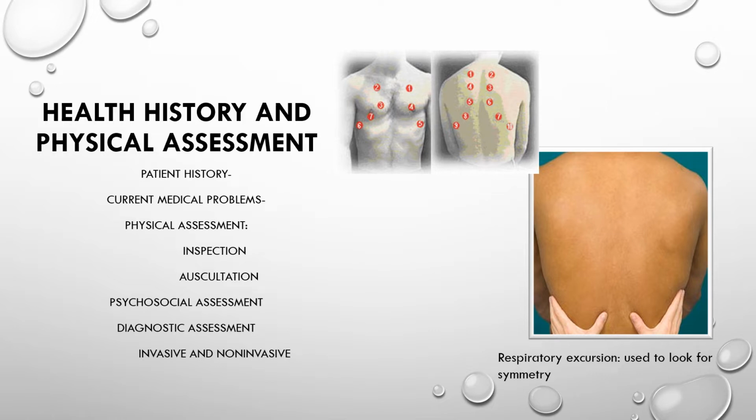As far as a physical assessment, we would want to do a good inspection of the lungs, both anteriorly and posteriorly. We'd be looking for things such as, is the chest symmetric? Does the client have a normal breathing pattern that is equal and regular?